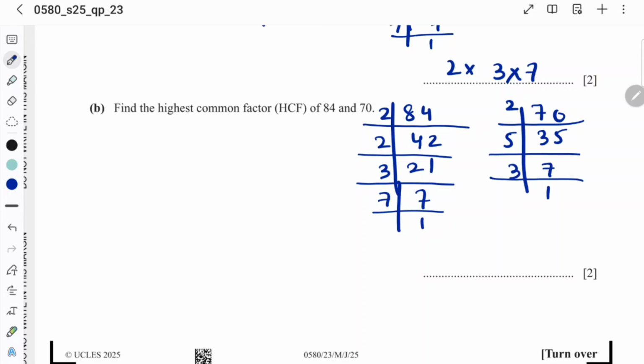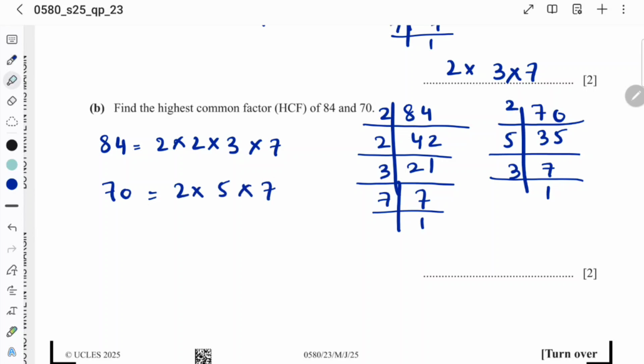So 84 is equal to 2 into 2 into 3 into 7, and 70 is equal to 2 into 5 into 7. What is common? We have 2 and we have 7 as well. So the highest common factor is 2 into 7.